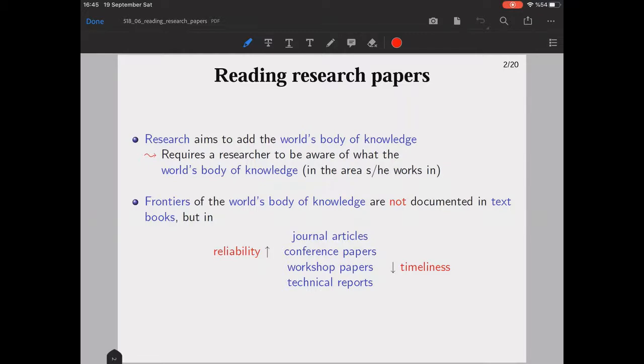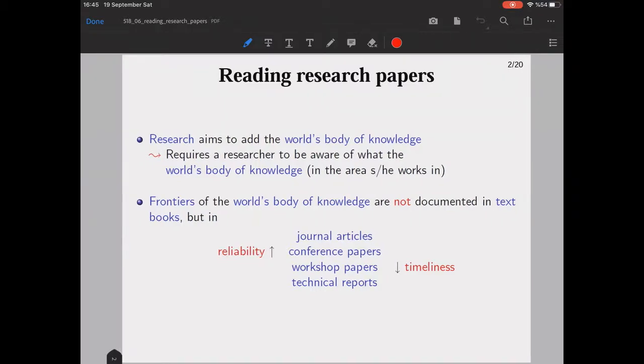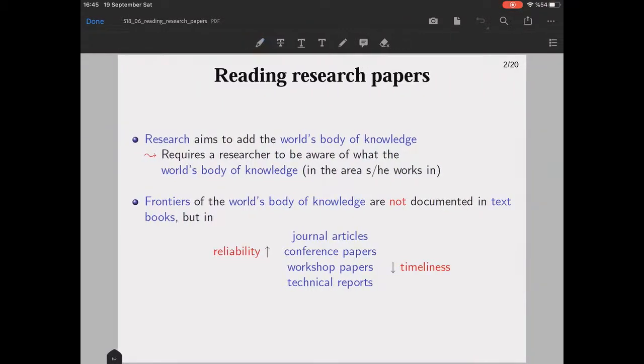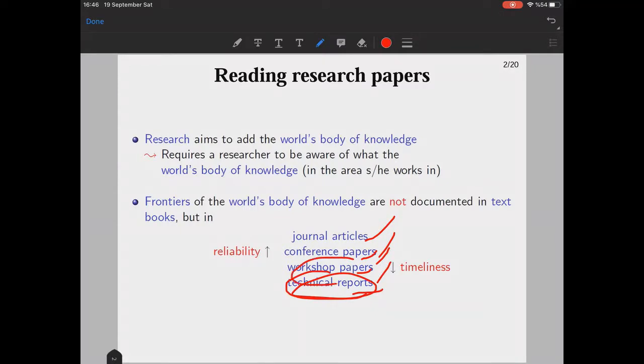You can find trends in journal articles, conference papers, workshop papers and technical reports. As you go down this list, these are more timely. You can find very new stuff in technical reports, workshop papers, conference papers, and finally journal articles, because it takes a few months, sometimes a few years, for journal articles to get published.